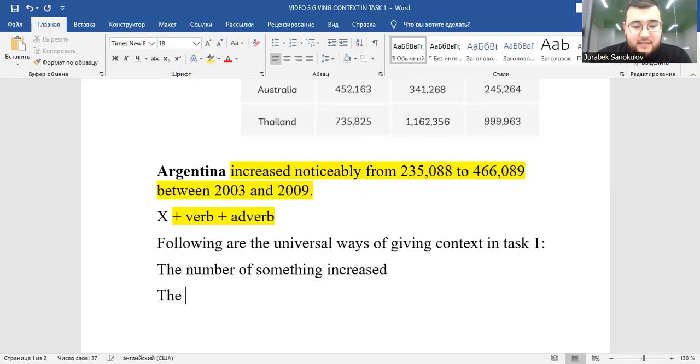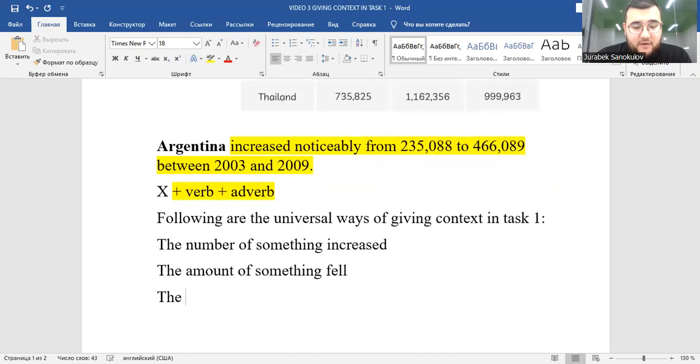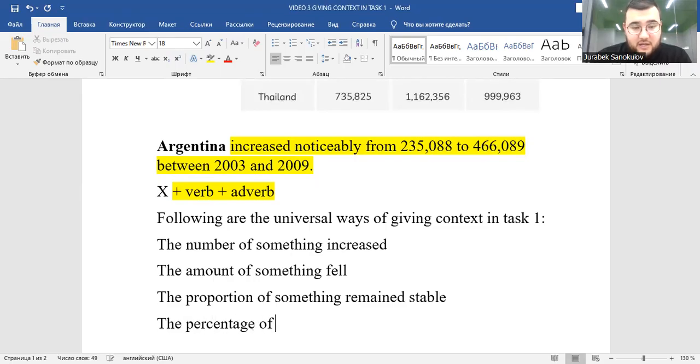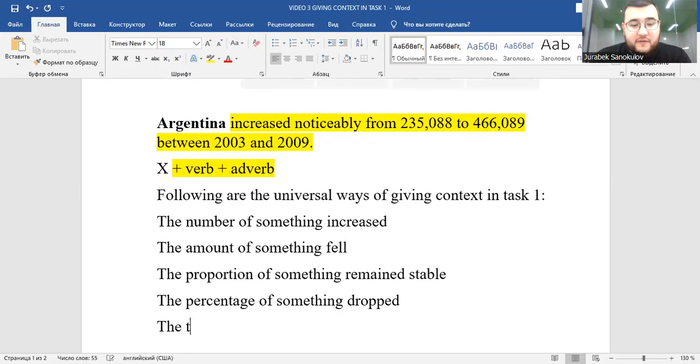You can say the amount of something fell. You can say the proportion of something remained stable, or you can say the percentage of something fell or dropped. Or you can say the figure for something increased, or let's just say decreased.